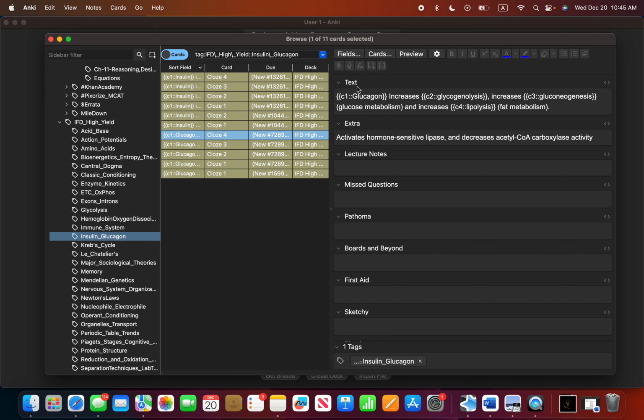And then we have glucagon. It should be the reverse role for glucagon, right? So glucagon increases glycogenolysis. Lysis is breaking down. So it should help with breaking down glycogen.